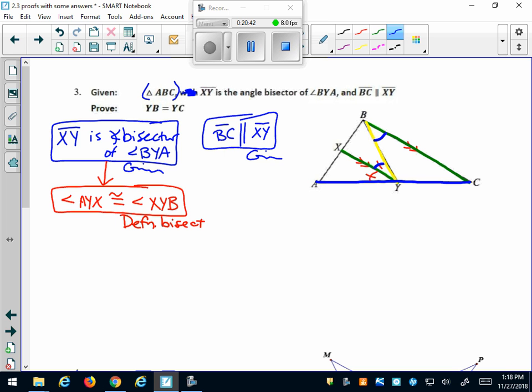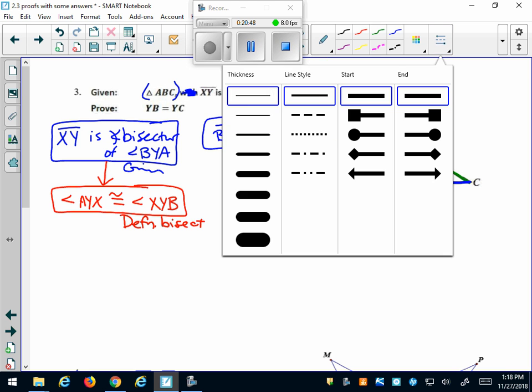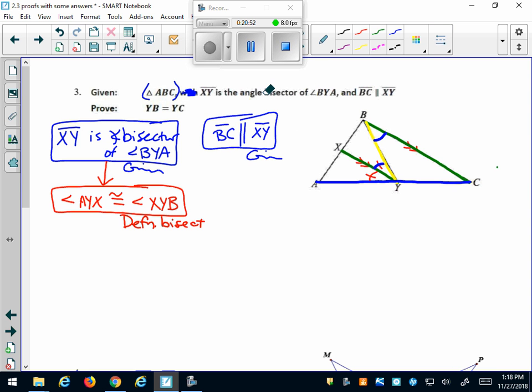Alternate interior angles. Okay, so from our given that says that lines are parallel, we can make the conclusion that angle CBY is congruent to angle XYB.